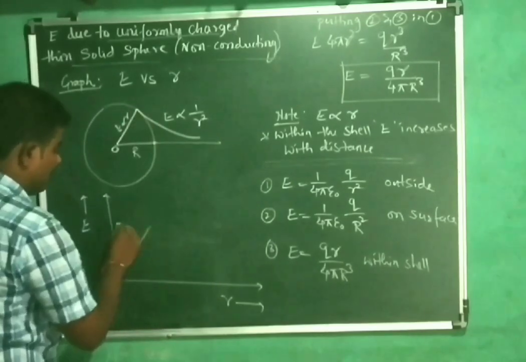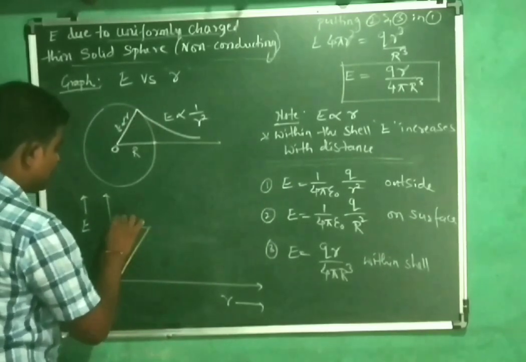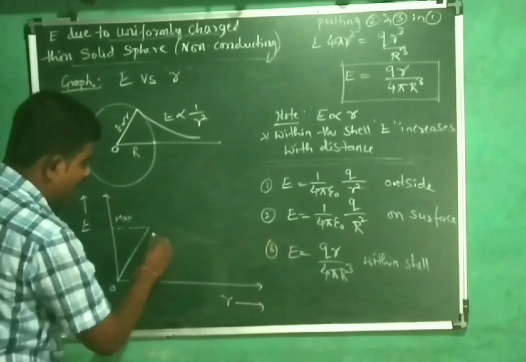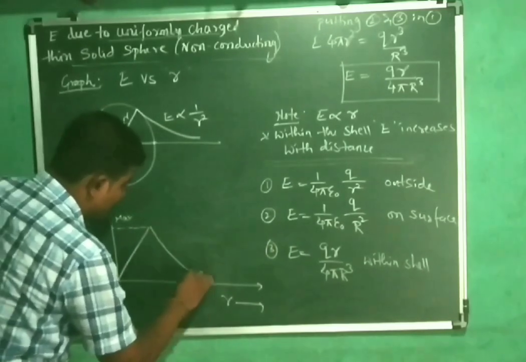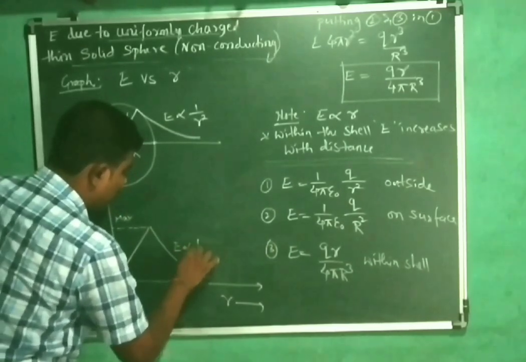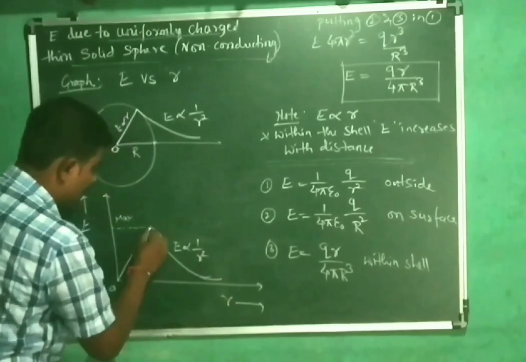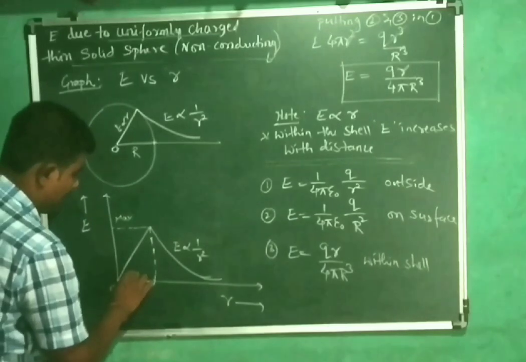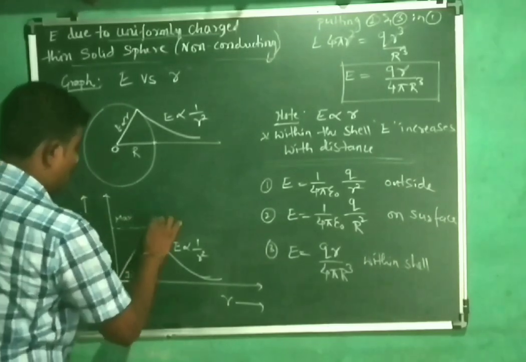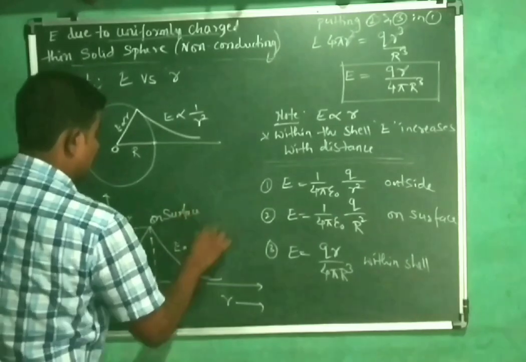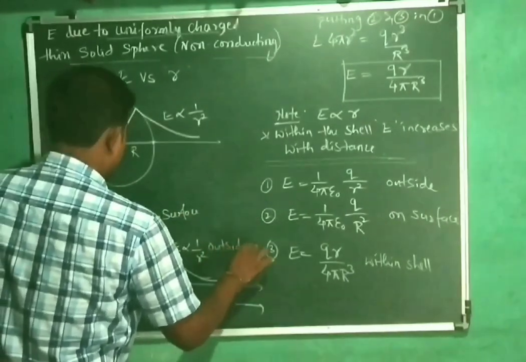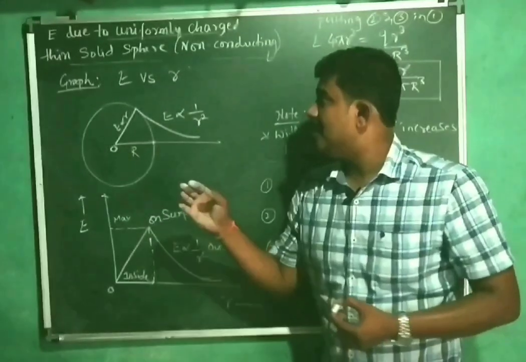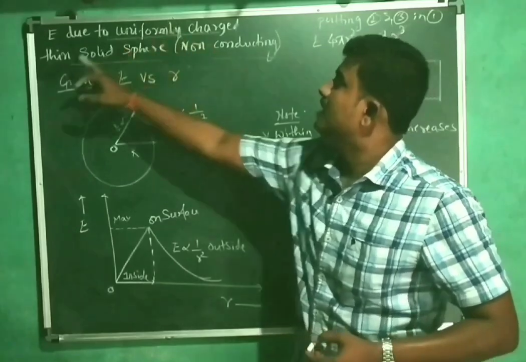And on the surface, electric field is maximum. From the surface, if you go away, the electric field goes on decreasing this way. Therefore, this is inside, this is on the surface, and this is outside. So this is all about electric field intensity due to a uniformly charged thin solid sphere.